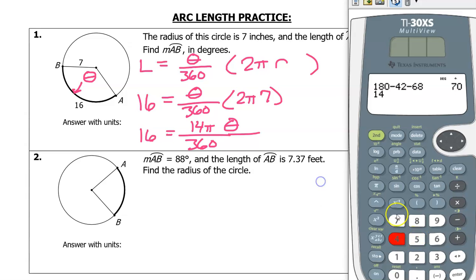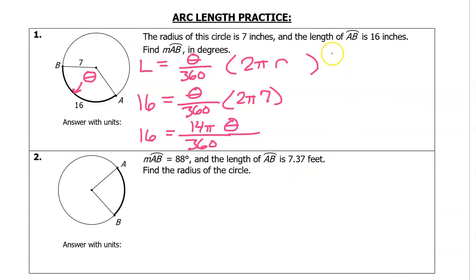And that's 7 over 180. So I have 16 is equal to 7 pi theta over 180. All I did is I reduced 14 over 360, and that became 7 over 180.